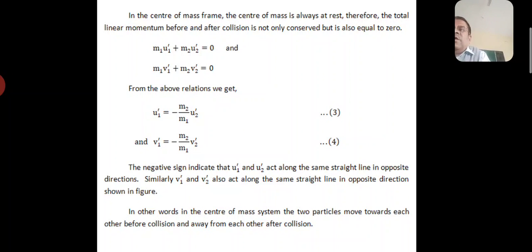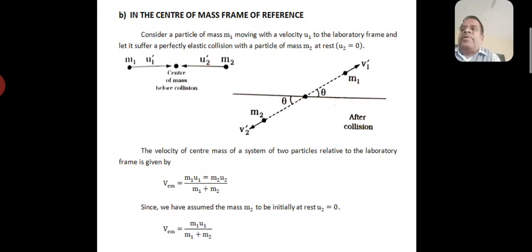Observe here in the figure, m1 and m2 are moving exactly in opposite directions after collision. In the center of mass frame before collision they are also moving in opposite directions but approaching, but after collision they are not approaching, they are moving away from each other.